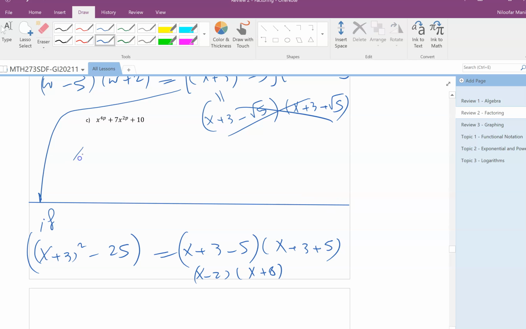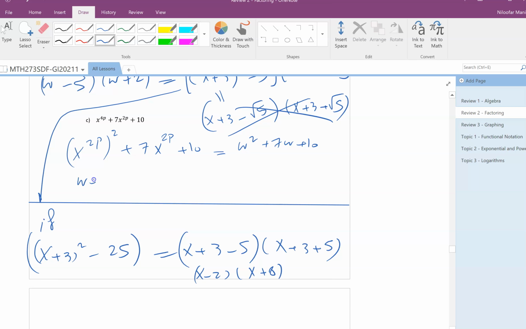Okay, so that's x power 2p squared plus 7x power 2p plus 10. Okay, x plus 2p is w, so w squared plus 7w plus 10.